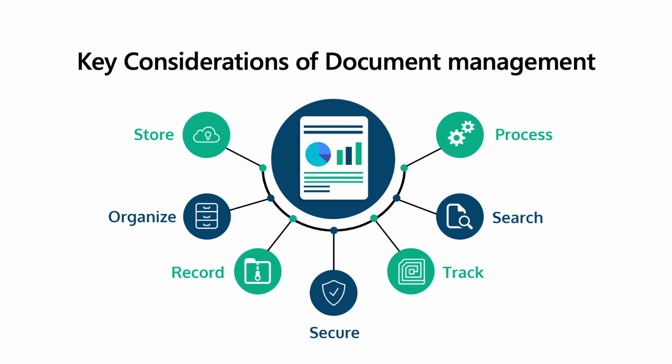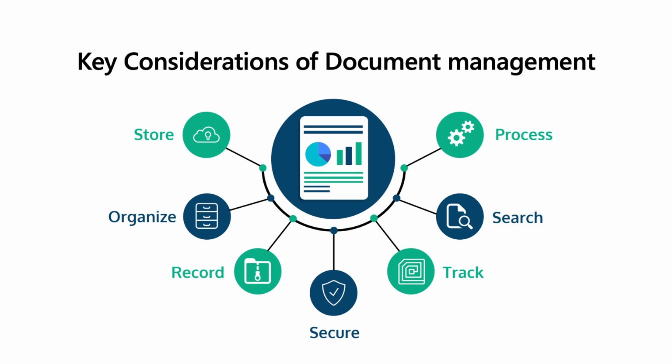Security and access control defines who can view and edit the document and also what are the roles and responsibilities associated with the documents. Tracking, simply put, is the understanding of how, when, and where the documents are to be used. Searching encompasses being able to find and discover and navigate through documents easily, and this is very critical. Finally, document management is also about processes and workflows associated with the document.